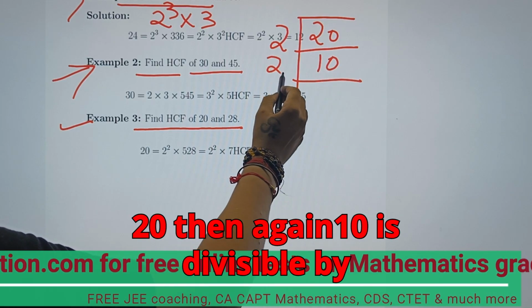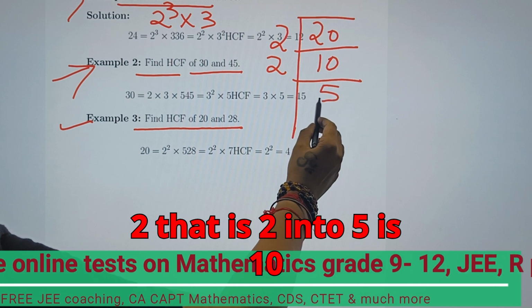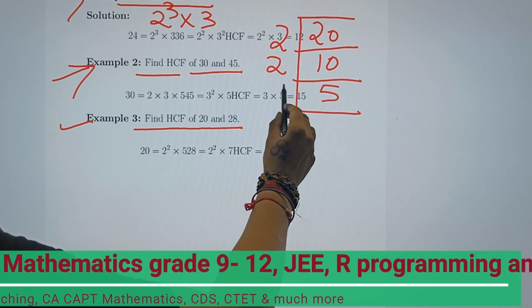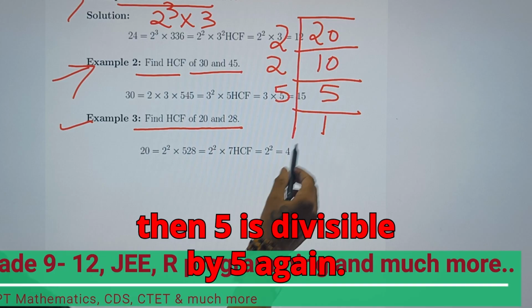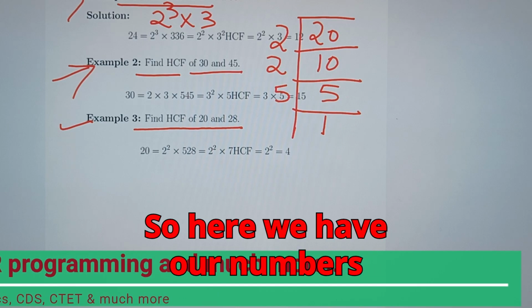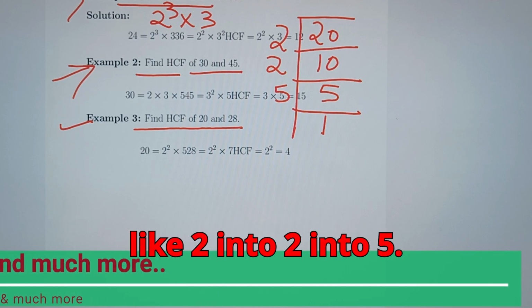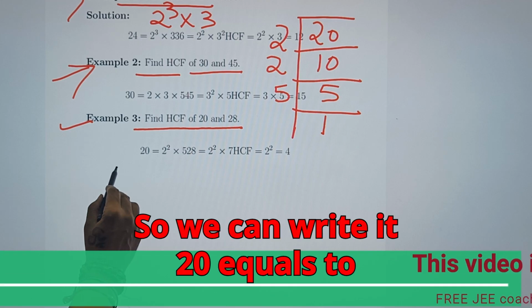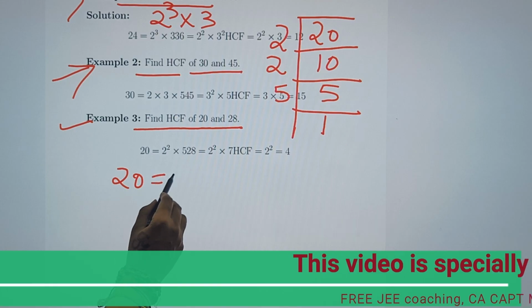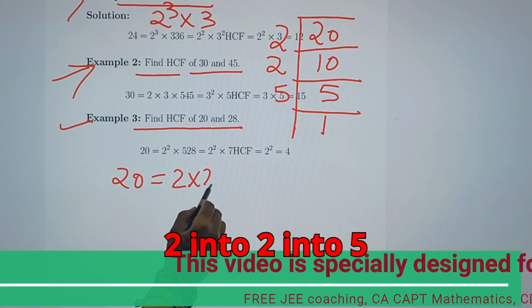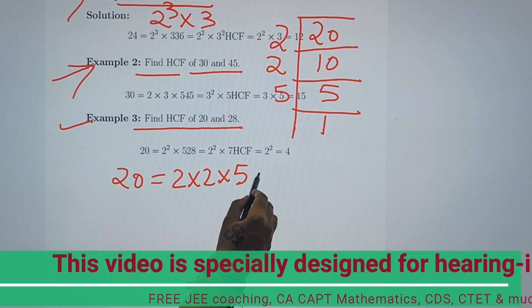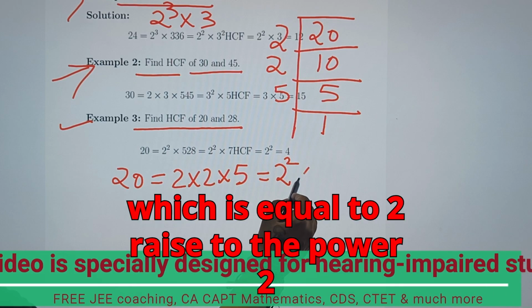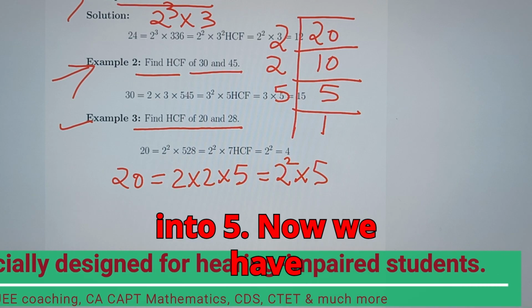Then again 10 is divisible by 2, that is 2 into 5 is 10. Then 5 is divisible by 5. So here we have our numbers like 2 into 2 into 5. So we can write 20 equals 2 into 2 into 5, which is equal to 2 raised to the power 2 into 5.